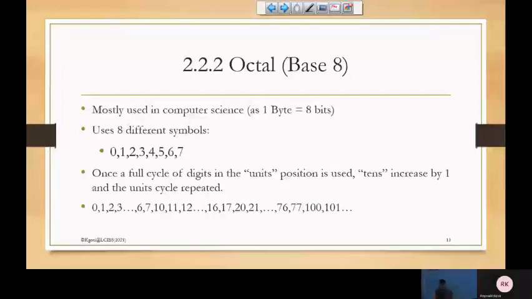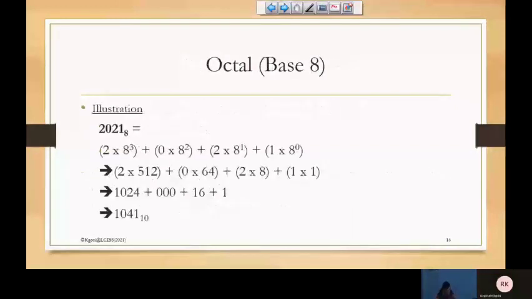After 27, you get to 30, and so on. Now, for better appreciation, remember that what happens with 9 in your base 10, the way you increment from 9, that is exactly how you're going to view your 7 when dealing with base 8. You're going to view 7 as if it's 9, because it is the largest possible digit that can be used. Okay, so that's our base 8 numbers.